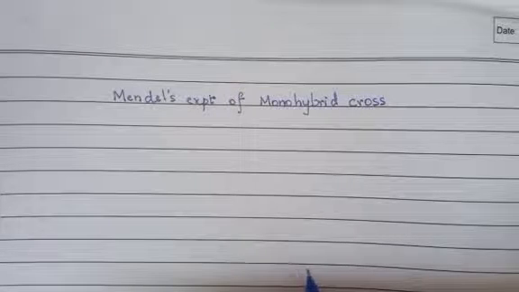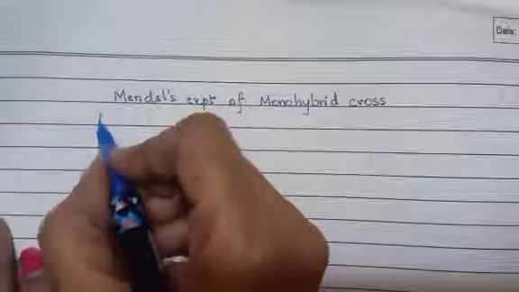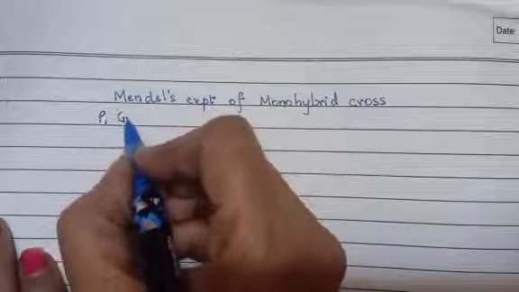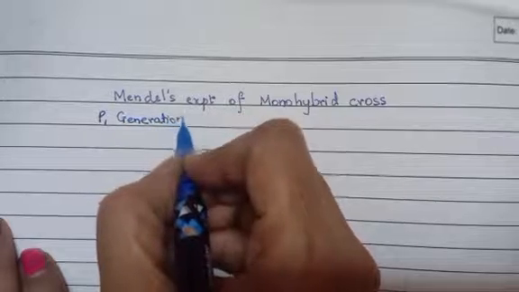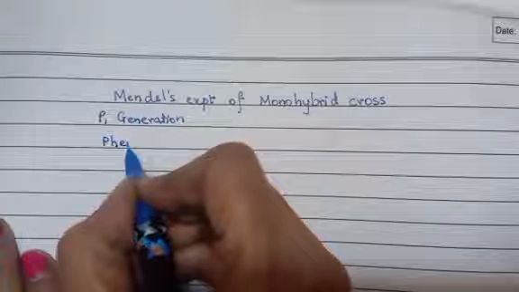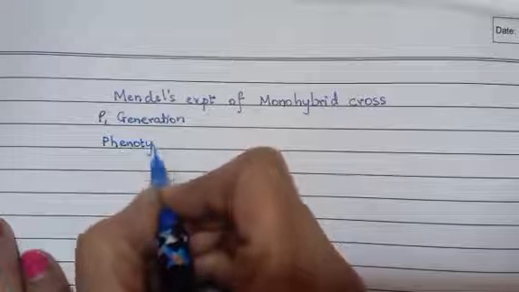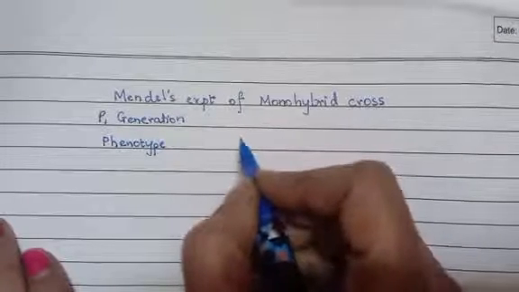We'll see the P1 generation, the parental generation. So we have to first write the P1 generation. Phenotype. Phenotype means how the plants are looking, how the parents are.